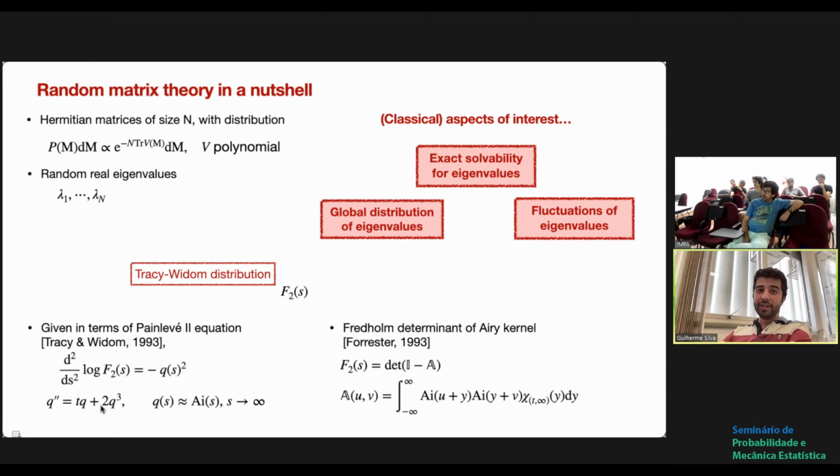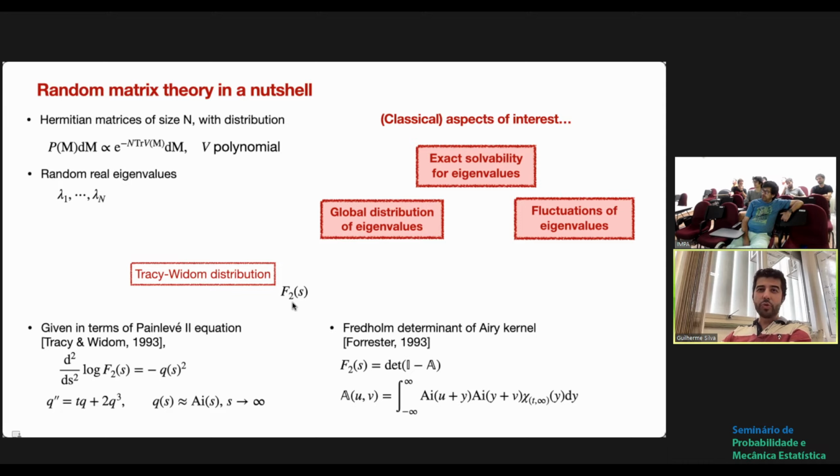This is a nonlinear equation of second order, and there is a whole theory about it. If you impose a certain asymptotic behavior at plus infinity, there is a unique solution, and this unique solution essentially reconstructs your Tracy-Widom distribution.